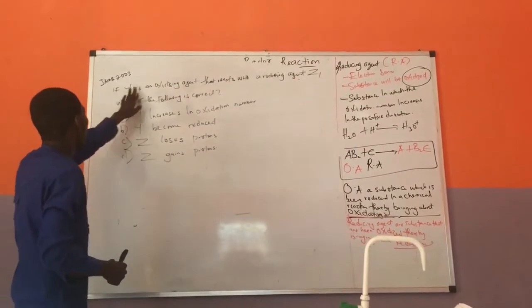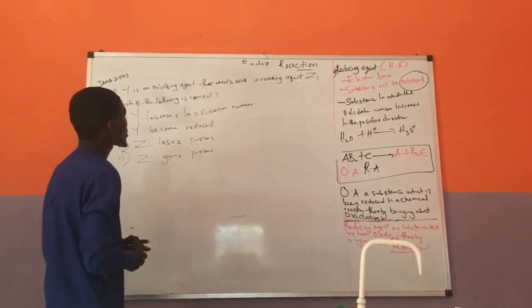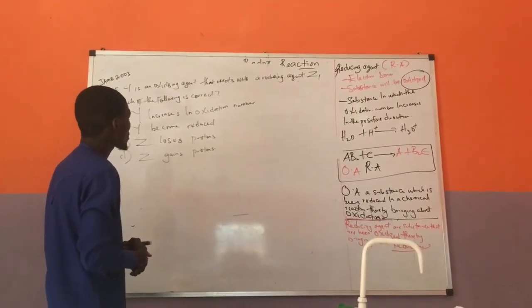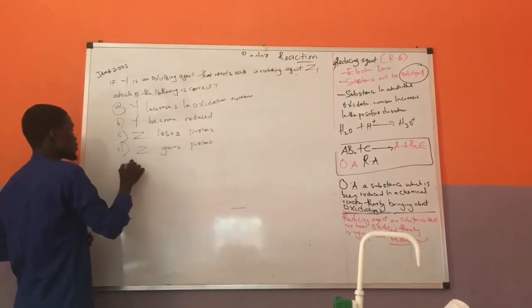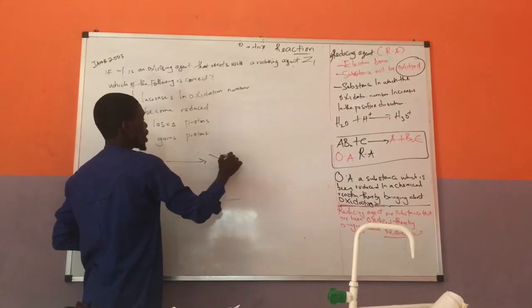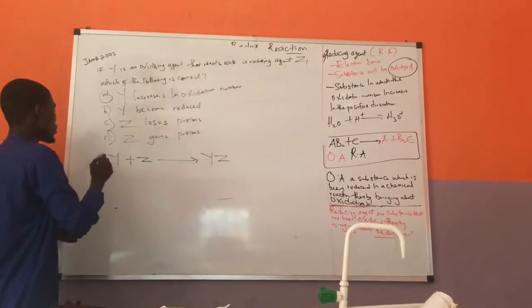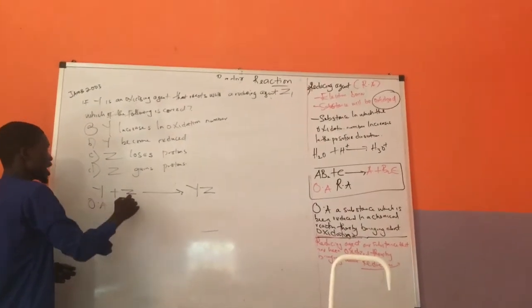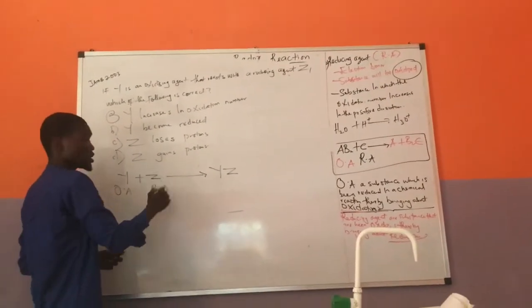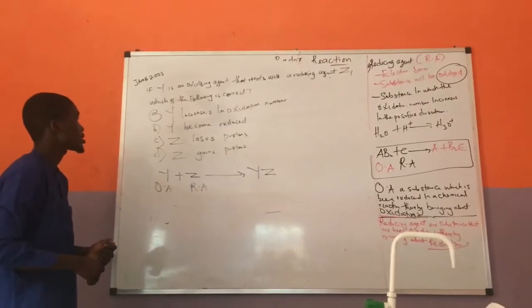It said if Y is an oxidizing agent that reacts with reducing agent Z. So if we have Y plus Z, when they react together we have what? YZ. Don't mind, they say Y is the OA, Z is the RA, which is the oxidized substance.